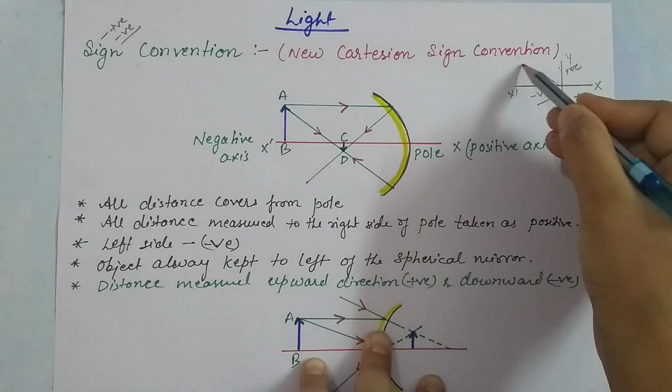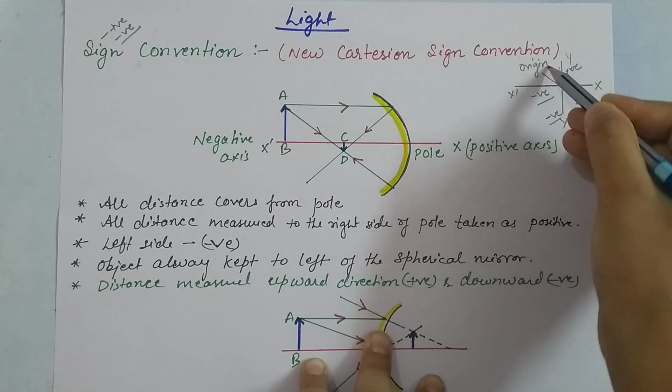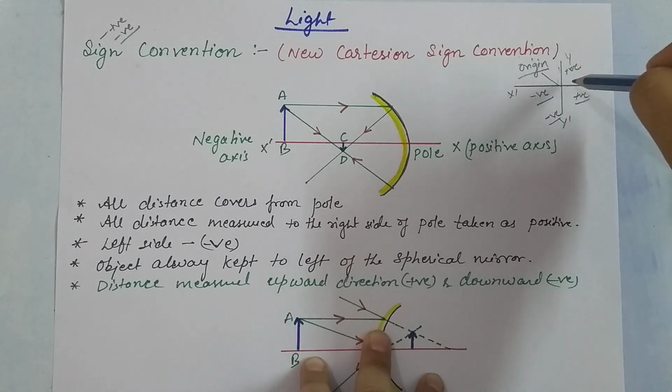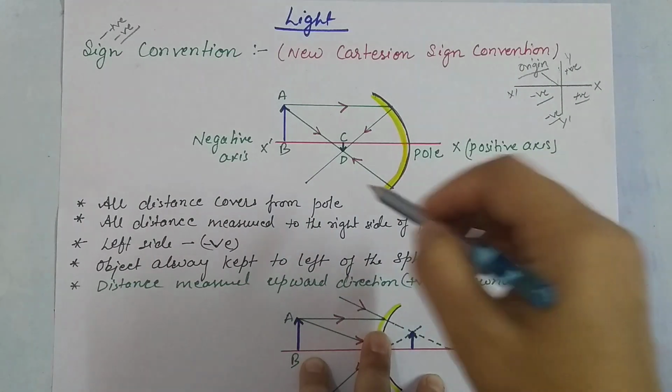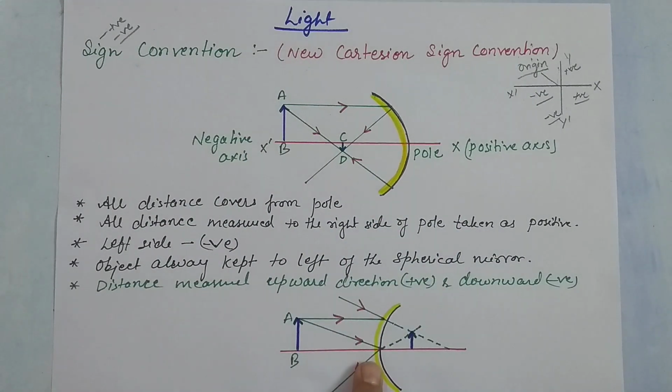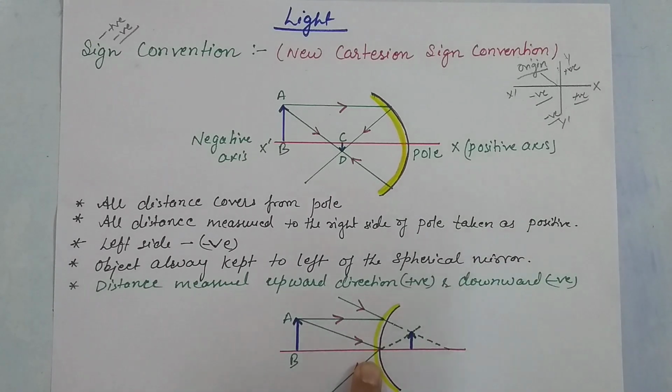This is your origin. We are going to follow this coordinate plane system to find the distance of object and images.